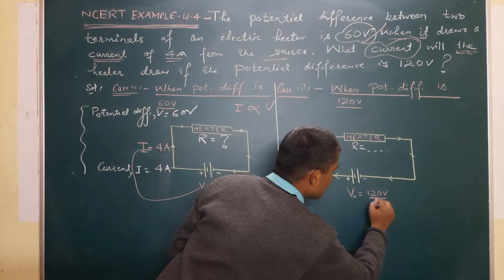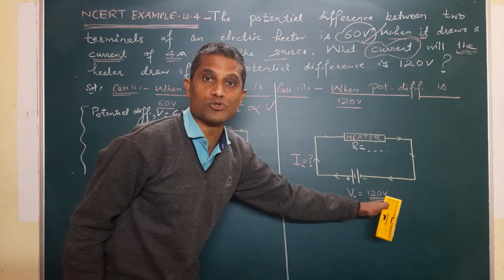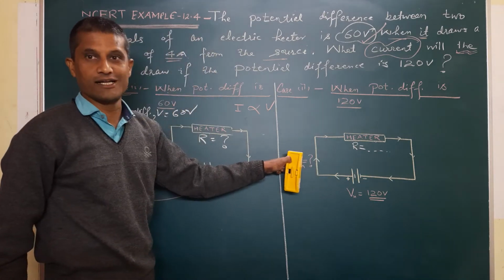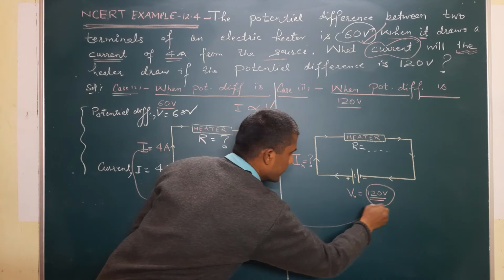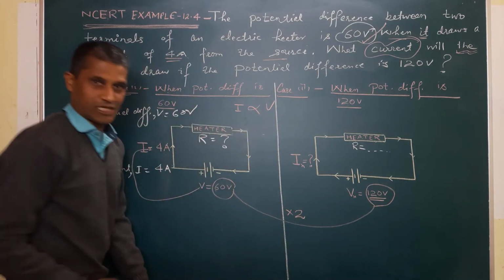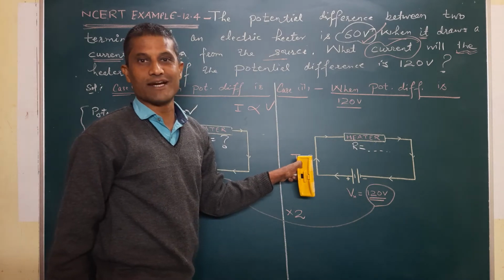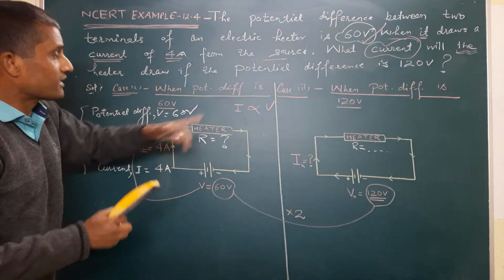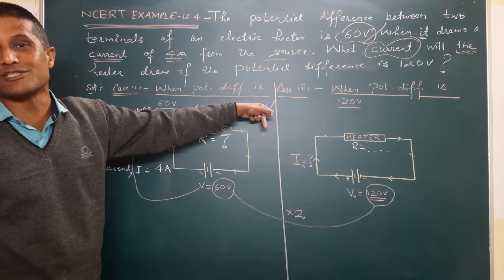Now what is being asked here is: tell me, if the voltage becomes 120 volt, how much current will flow? Now you have seen this is 60 volt, and the voltage is becoming 120 volt, it is double of 60 volt. If the voltage is doubled, then the current will also double. Simple thing, because current is directly proportional to the voltage or the potential difference acting across the ends of a conductor.